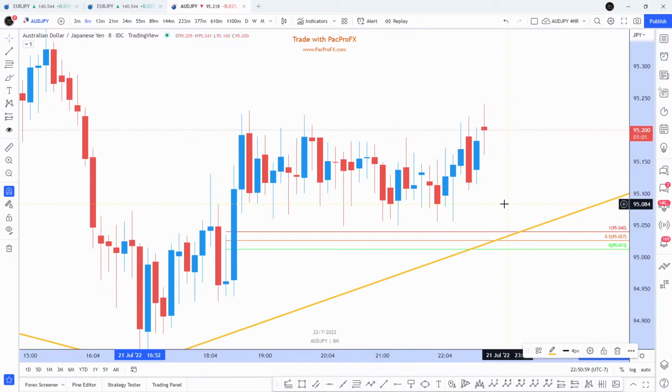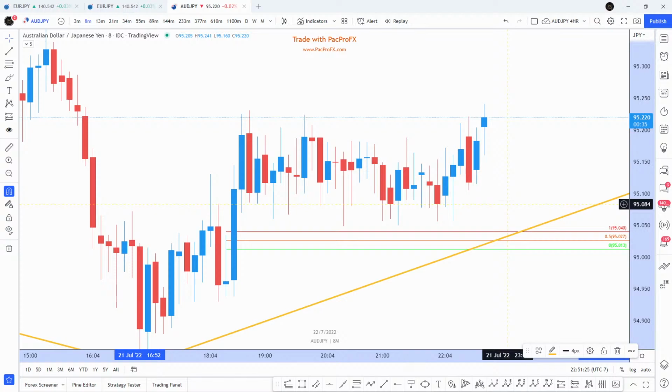This is why you have to be careful about that confirmation I was talking about. Because the candle structure right now, it could do one of two things, right? It can continue on higher, or it could just turn around and go all the way down to that 95,027 level and just take you out pretty much.